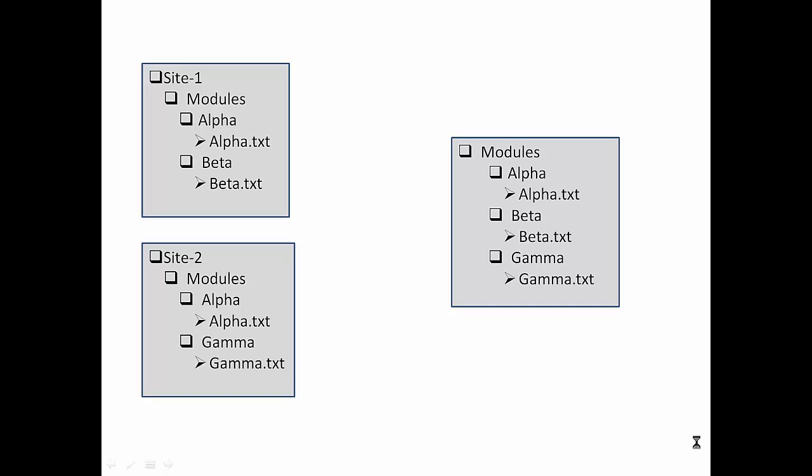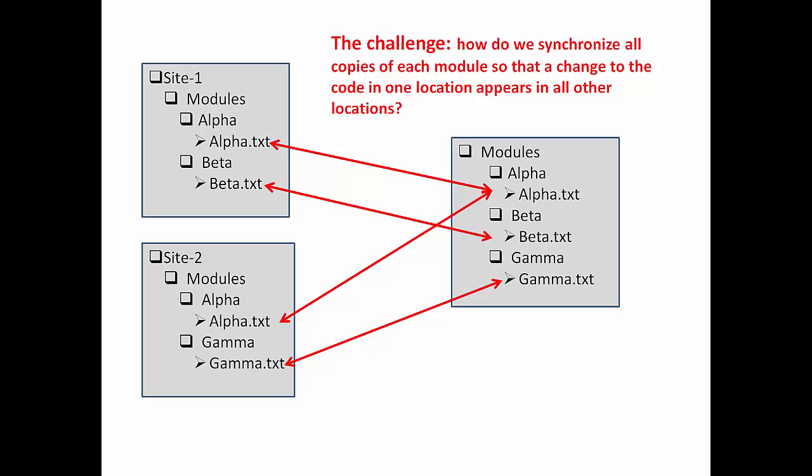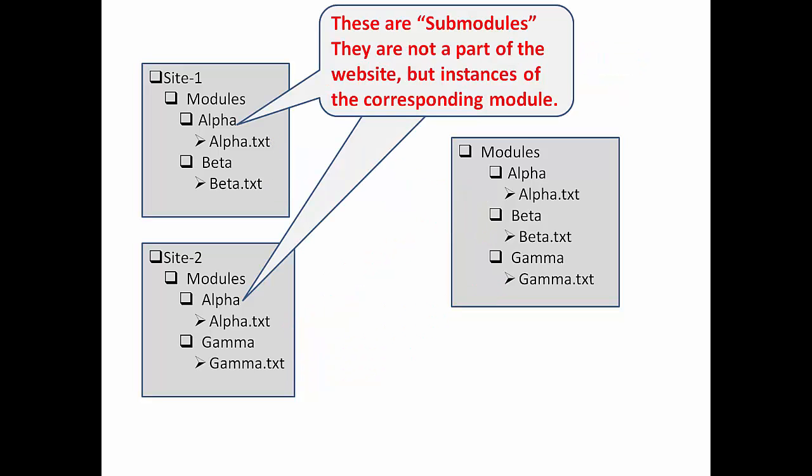So now that we've created site 1, site 2, and our module folders, the question is, how do we plug all this together? In fact, here's the challenge: how do we synchronize all the copies of each module so that a change to the code in one location appears in all other locations? That's what we need to look at next. So let's introduce the term submodules.